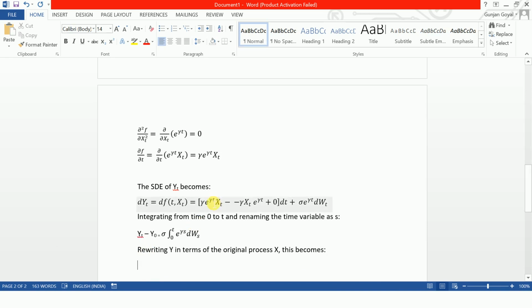I'm not writing again e to the power gamma t xt, control C control V, minus e to the power gamma into 0, time is 0, so e to the power gamma into 0 times x0.